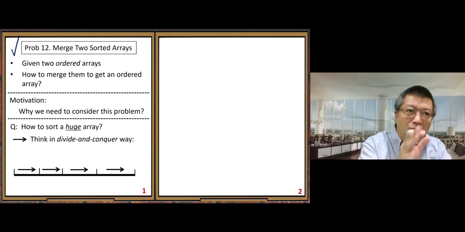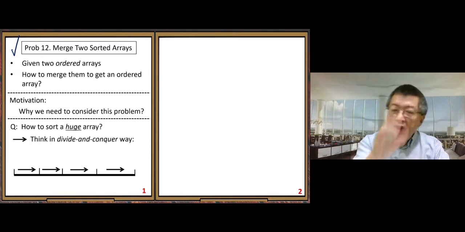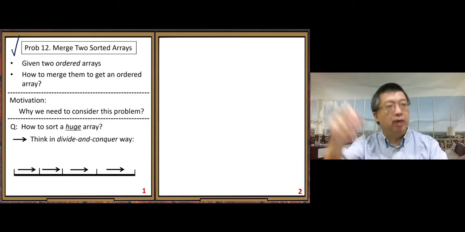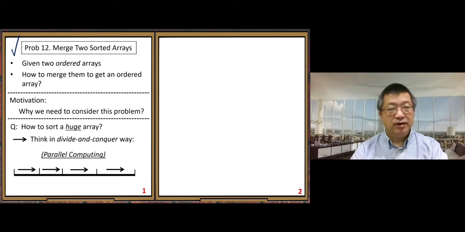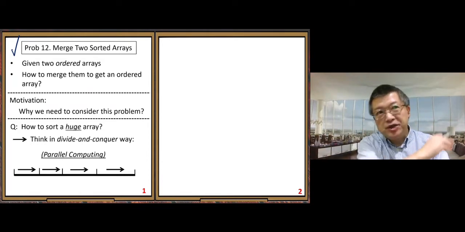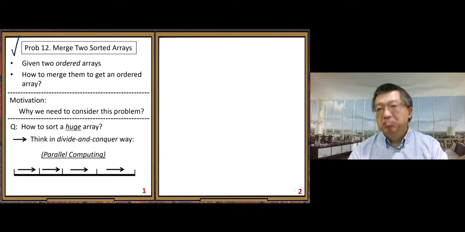We need to merge all these ordered subarrays. We can use parallel computing to do that if we have a lot of computing facilities. So this is the background for our problem number 12 we need to solve.